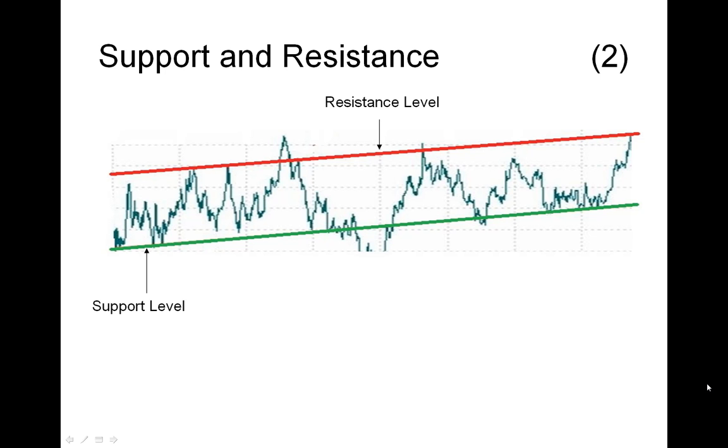For the most part, otherwise, we always have the value of that particular stock or commodity in between the resistance and support levels. So having explained the resistance and support, how does that help us with binary option trading?